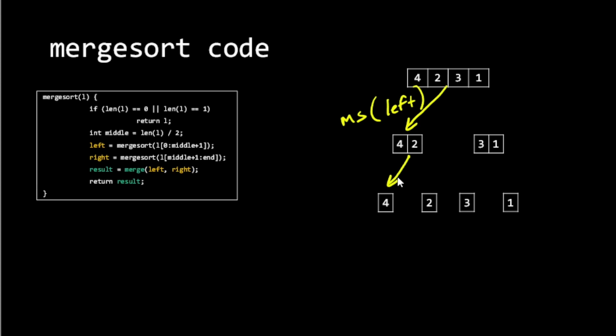And we're going to call MS again on the left. But then keep in mind, since this list is length 1, this call is immediately going to return. So we're going to return back to this caller. And so now we're going to call MS right at this point, which is just 2, right? And it's going to immediately return.